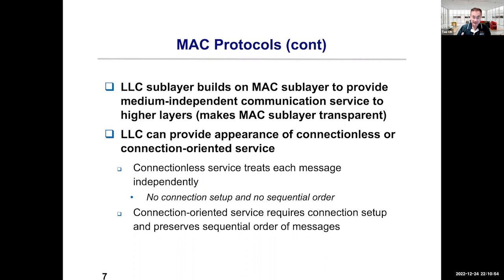It verifies whether the packet has been received on the other side using what is called an acknowledgement. Typically, connection-oriented services use TCP, and connectionless is typically used for UDP.